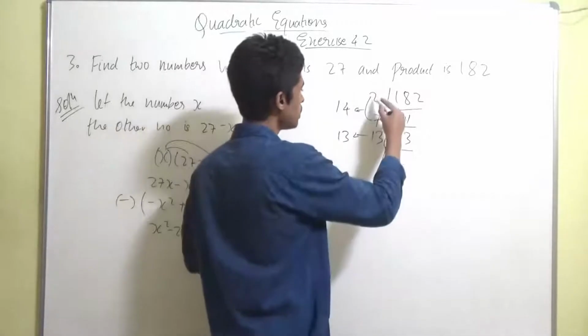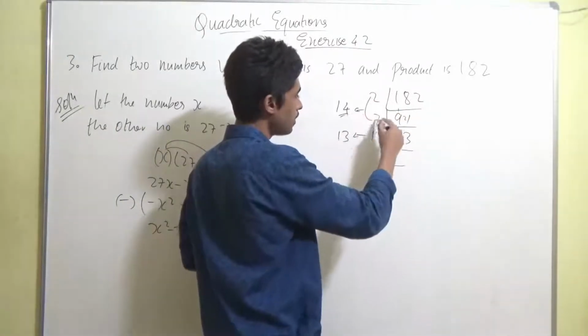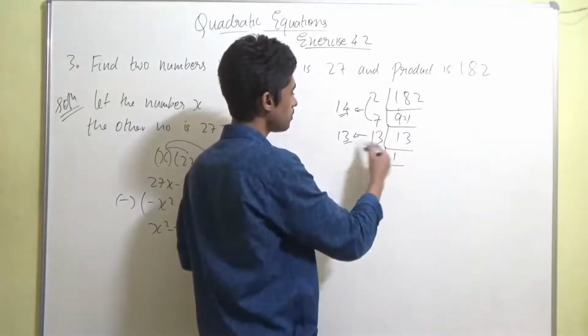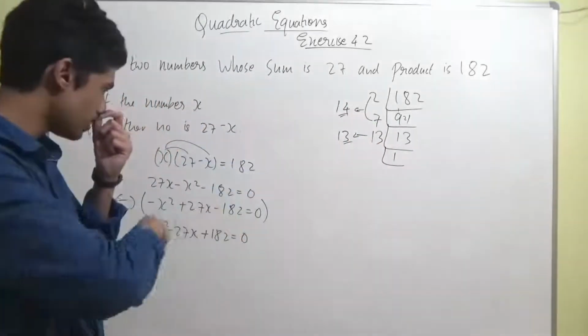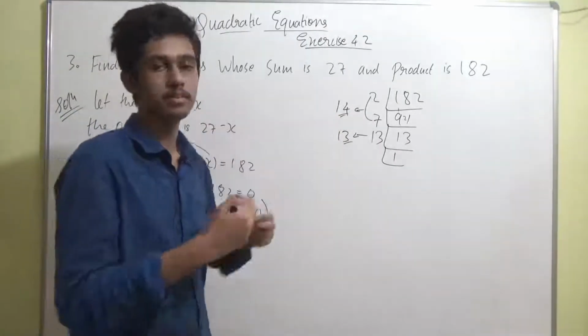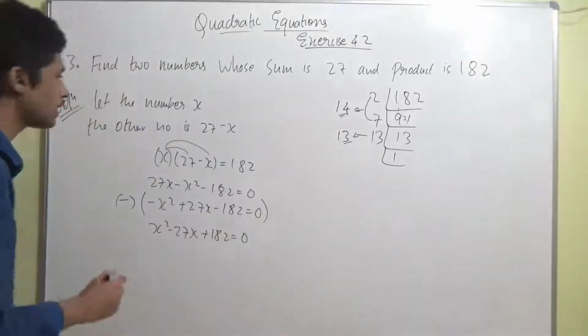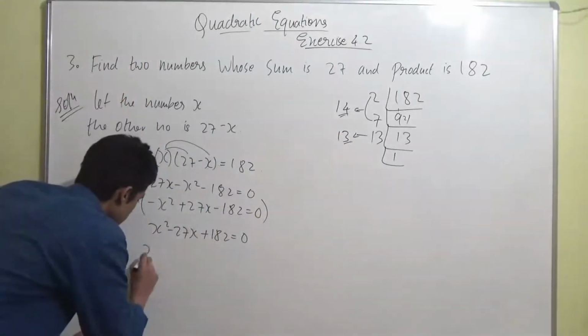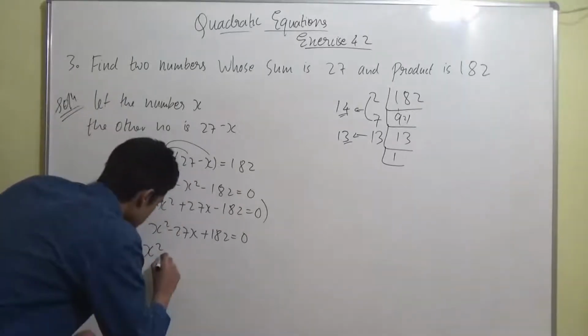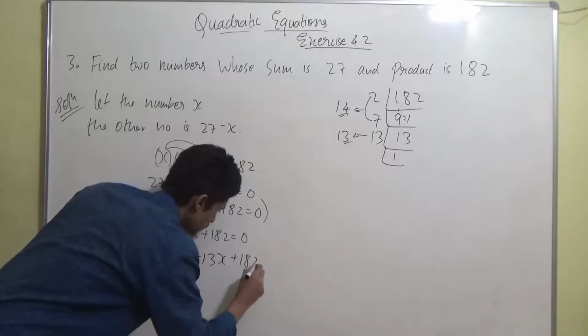We club these two to get 14 and we took the other alone to get 13. So 13 plus 14 is 27. We could have combined in another way too; you have to do trial and error here. Now we'll write x square minus 14x minus 13x plus 182 equal to 0.